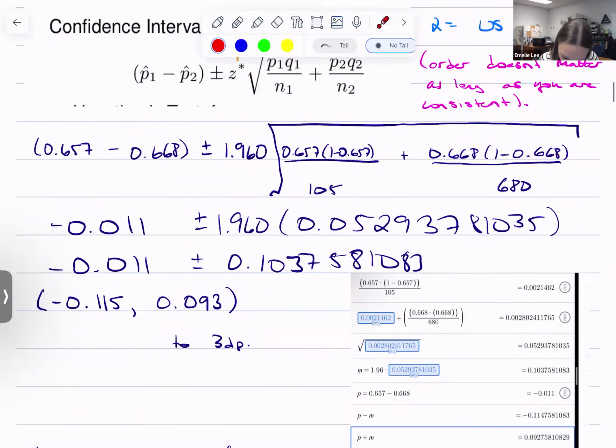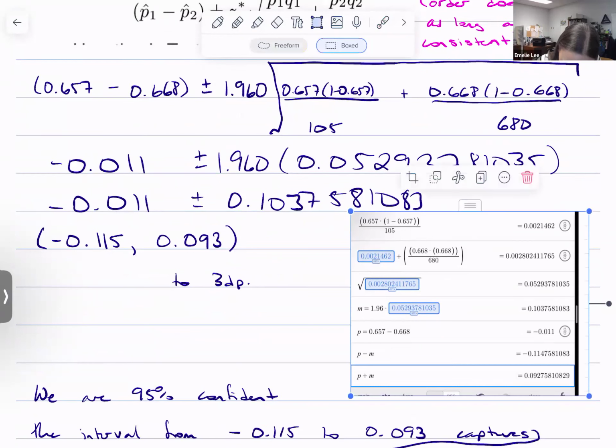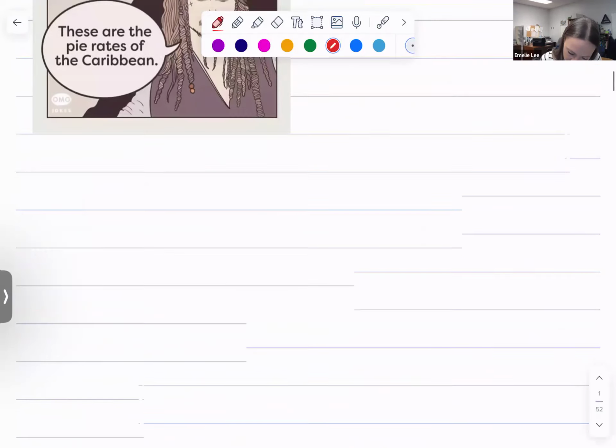But then I did it correctly in the first line, and in the second line I should have had 1 minus 0.668. Luckily, 1 minus 0.6 is 0.4-ish, and so that's kind of close to 0.6, so it didn't mess up our work that bad.